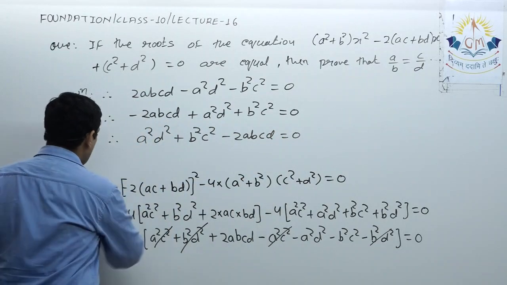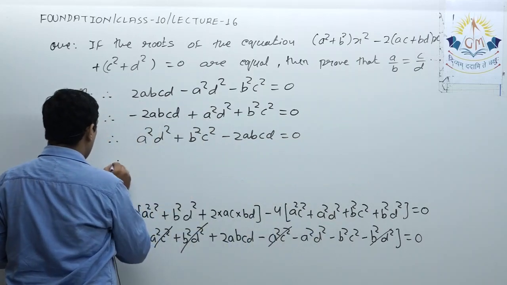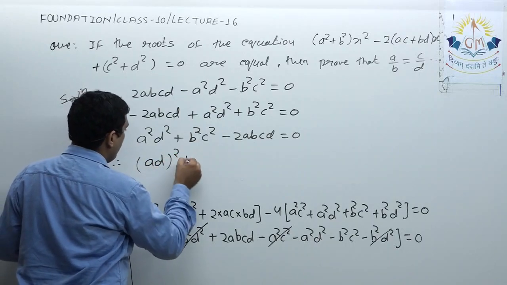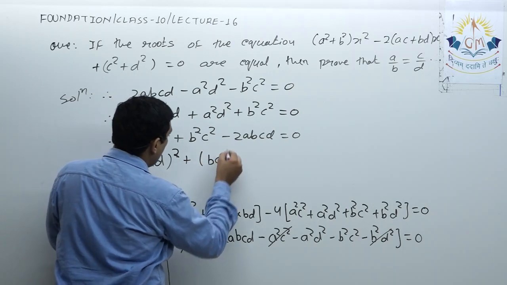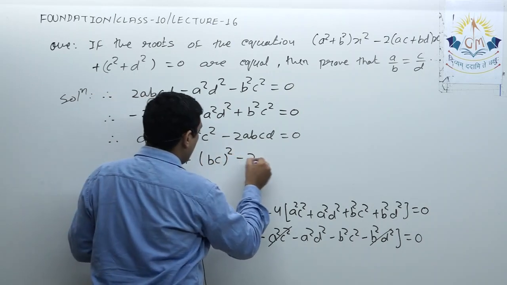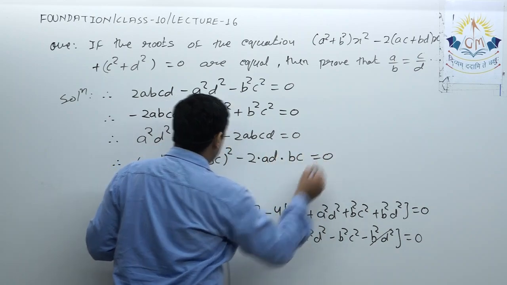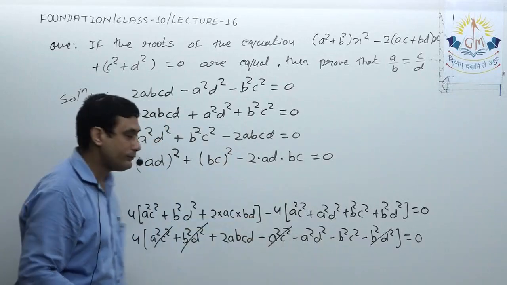Now definitely it is possible to create an identity of (a minus b) whole square, but for that let me write the terms in this way. I am considering AD as a, so a square, BC as b, so b square, minus 2 into AD into BC, so a square plus b square minus 2ab.